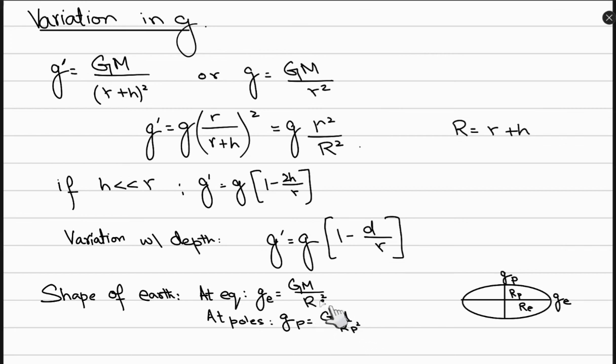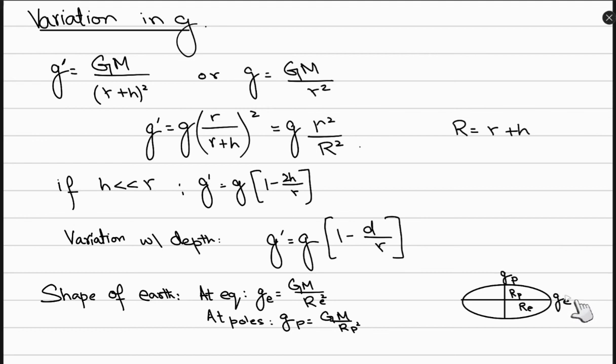We know that the radius of the equator is definitely larger than the radius of the pole by looking at this elliptical shape of the earth, which would mean that the acceleration due to gravity at the pole should be larger than the acceleration due to gravity at the equator.